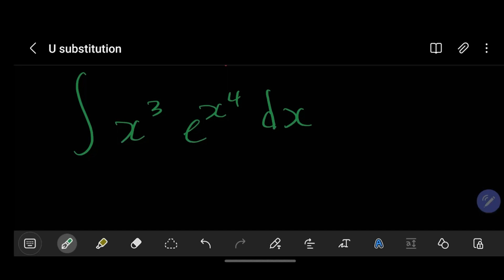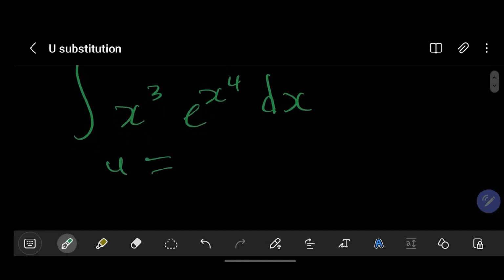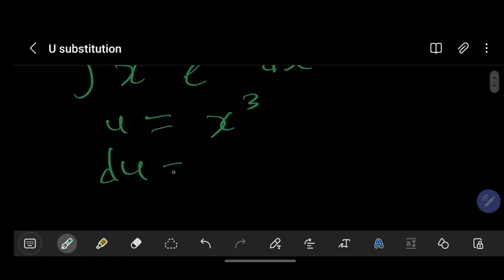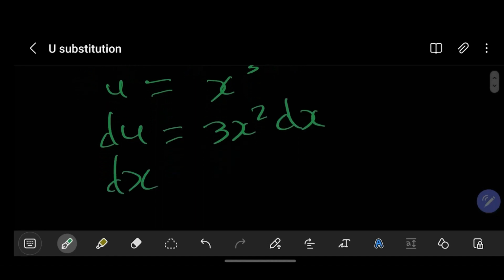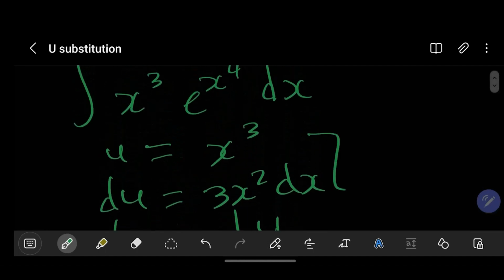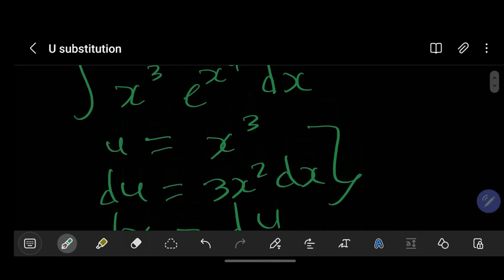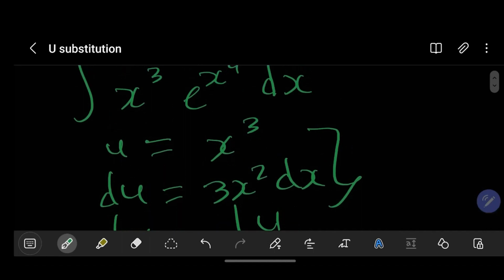Let's say we want to make u equal to x cubed. So our du is going to be equal to 3x squared dx, and our dx is then equal to du over 3x squared.